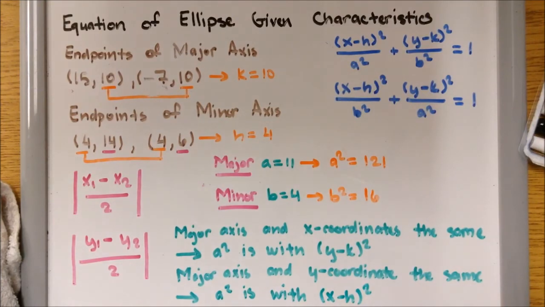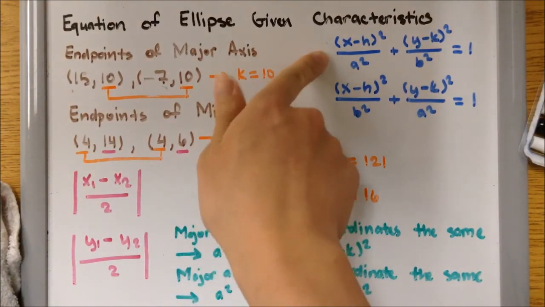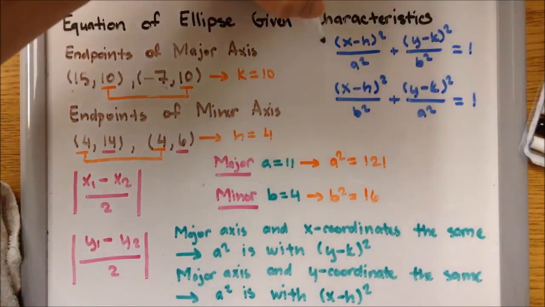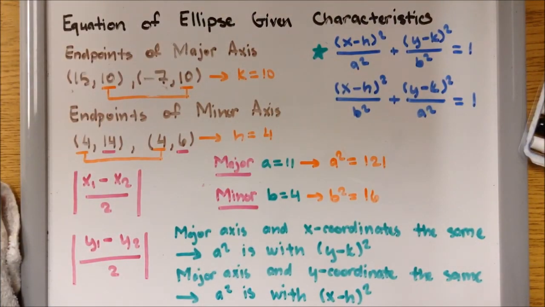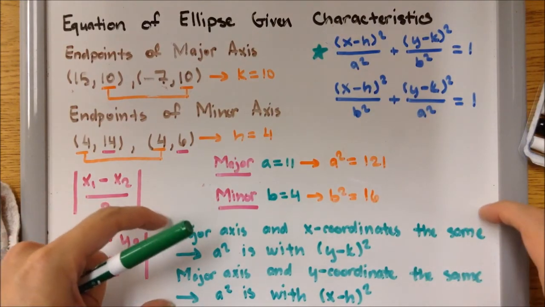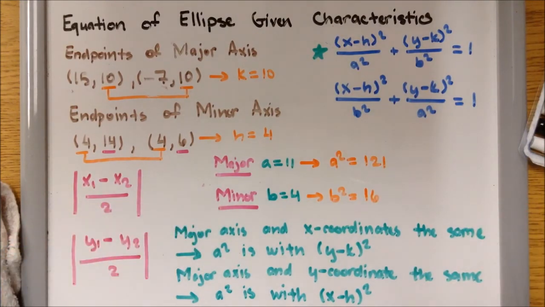So that means we're actually going to use this standard form right here. So I'm going to make a star next to it. So make sure you have this note. Make sure you write that down.